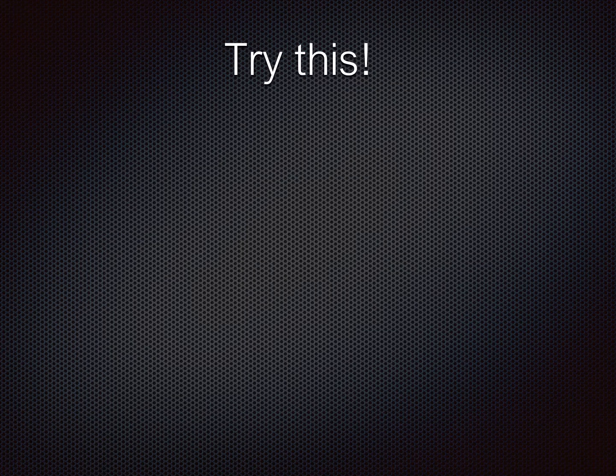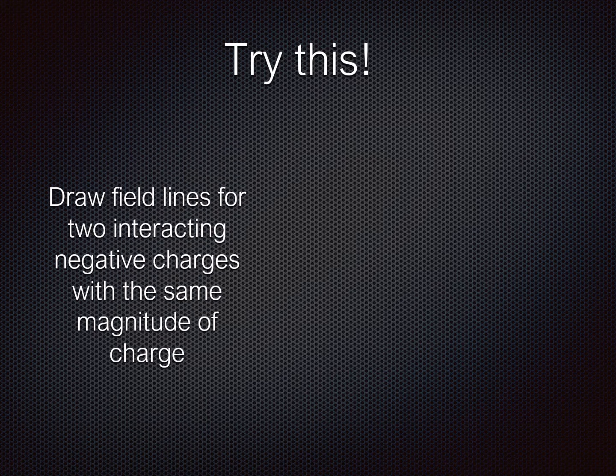So for practice, I want you to try this yourselves, wherever you are, if you're at home or if you're watching in class or whatever it may be. Why don't you give it a try and see if you can draw the field lines for two interacting negative charges that have the same magnitude of charge. I will give you a hint that it's probably going to look very similar to what it looked like in the last slide when we had two positive charges with the same magnitude.